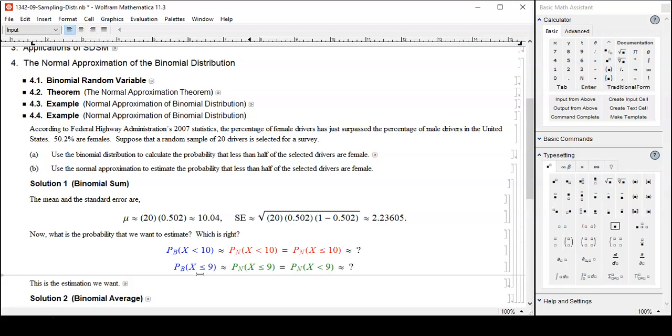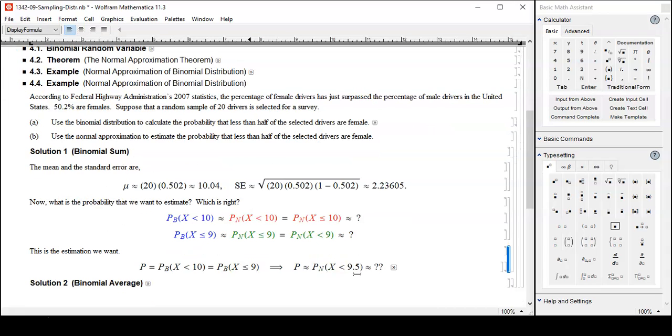So if I use the same logic, the normal approximation will become less than or equal to 9, which is the same as less than 9, which is less than 10 or less than 9. That's not the same. Less than or equal to 10 or less than or equal to 9. That's not the same either. So we have a conflict here. Which is right? How do we make it right? The best way is to settle it right in the middle.